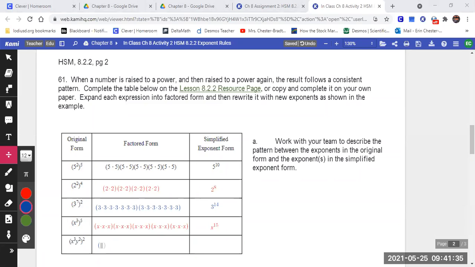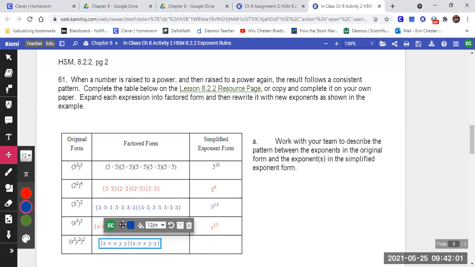Okay, thank you. And then the outside tells us how many sets of that. So how many sets of this X times X times X times Y times Y? Because it was 3 X's and 2 Y's. How many sets of this do I need? According to the outside exponent, 2 sets. So I'm going to copy and paste one more set.